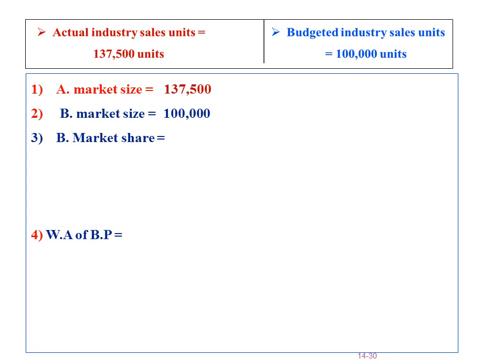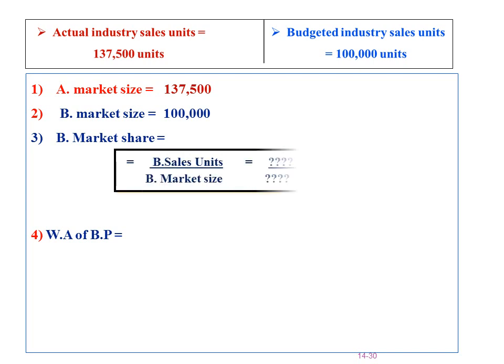I need to calculate budget market share. I have an equation to calculate budget market share: budget sales of the company, the total of budget sales of the company of all products, divided by budget market size. If you remember, budget sales units are 5,000 and budget market size is 100,000.